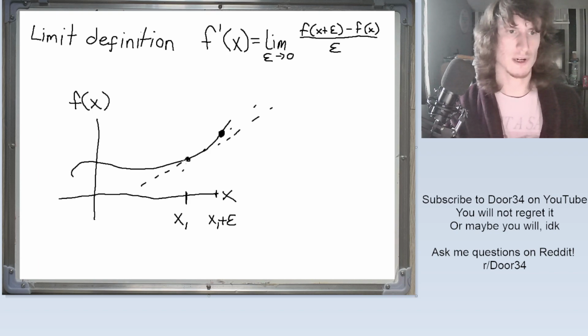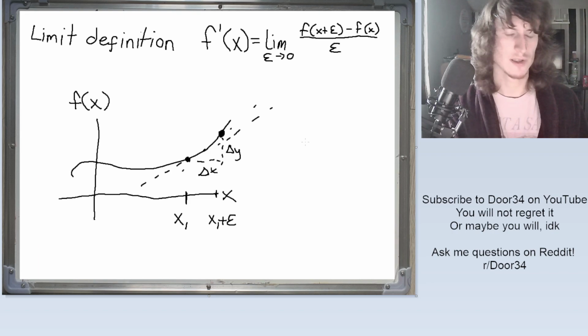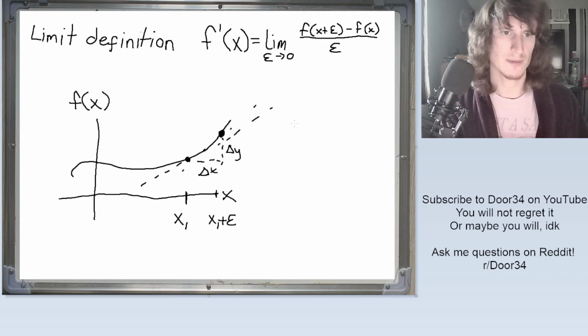So let me just make a little room, get rid of this. So what's our change in y going to be if we go from here to here? So this is delta y and this is delta x. So our change in y is going to be f, so we're going to take this as the bigger one, so it's going to be f of x1 plus epsilon, and then the y coordinate for this point here is just going to be f of x1.